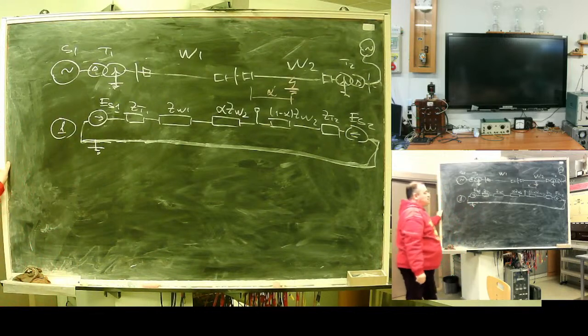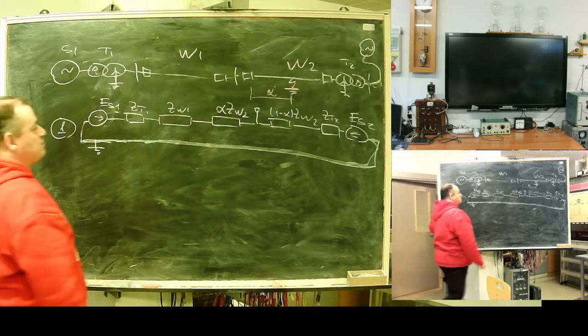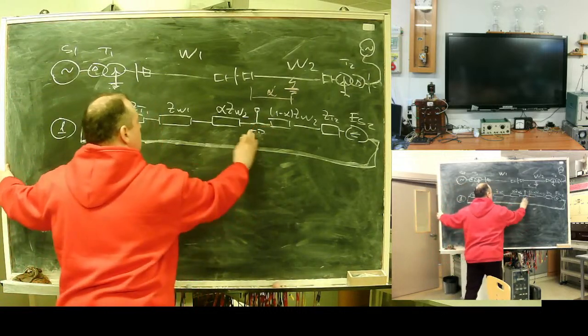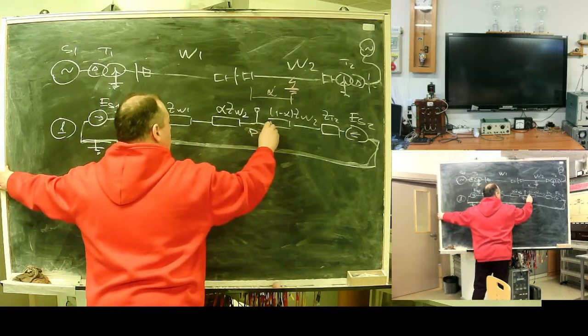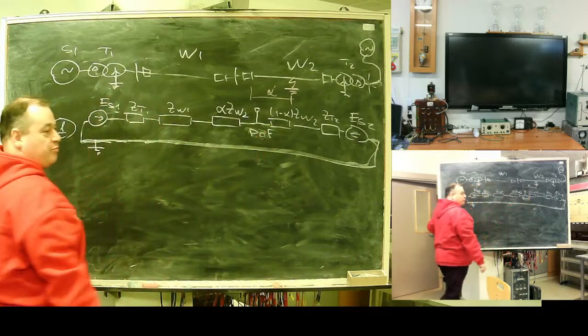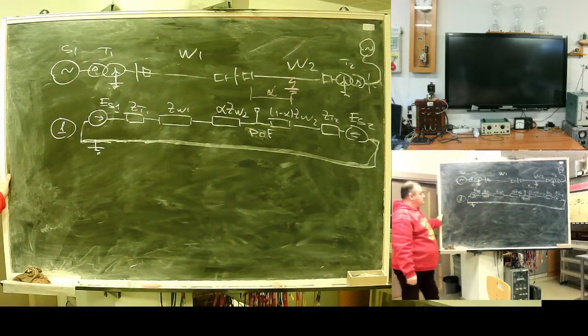This is the schematic of direct sequence. Here I'm showing F or P. What is P or F? Place of fault. Do you understand how I created this?